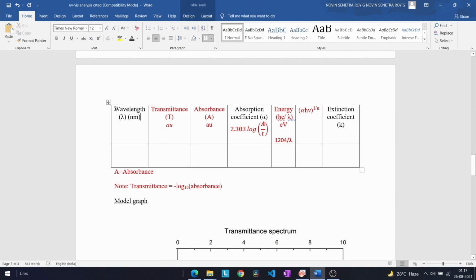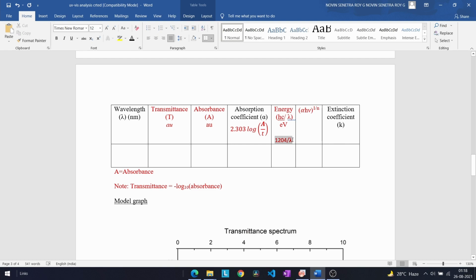You have lambda here, transmittance here, absorbance from the equation below, and then the coefficient, where alpha refers to the absorption coefficient and t refers to the thickness of the thin film. This is a single number, and alpha is going to change, so we get all the values of the absorption coefficient.